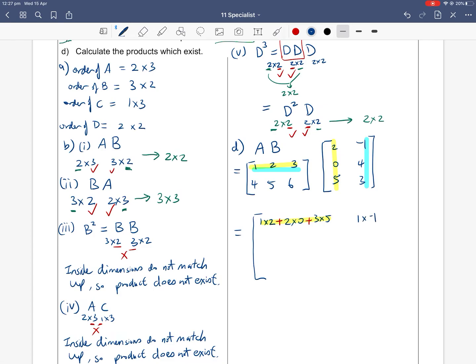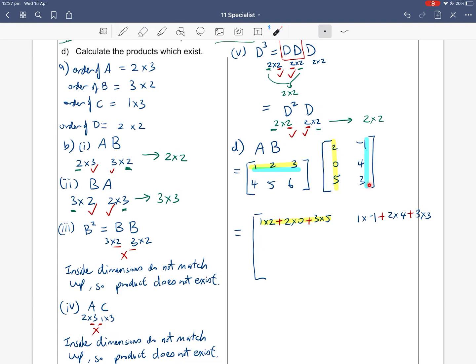So we have 1 times negative 1 plus 2 times 4 plus 3 times 3. So I'm getting the numbers as the elements of each row and column, and I'm adding between everything I multiply. So 1 by 1, and then the next one 2 by 4, and then 3 by 3, and then I'm adding them in between.